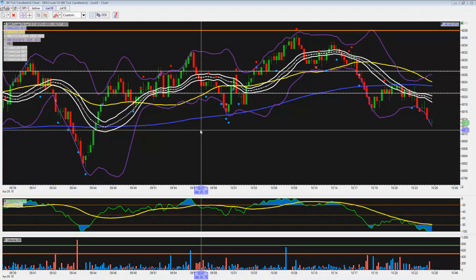And right now I'm afraid any trade I take would be a loser. I don't believe in the short, I don't believe in the long.